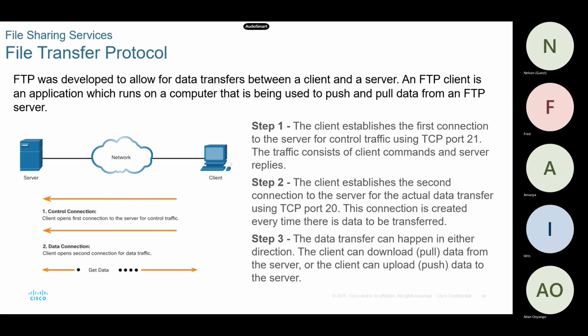This is a protocol which allows transfers between clients and a server. So you have an FTP client, which will be a PC or your mobile phone, and the FTP server is where you download from. We have 2 words here which have been given new names: push and pull, where push is used to describe the process of uploading, and pull is used to describe the process of downloading.